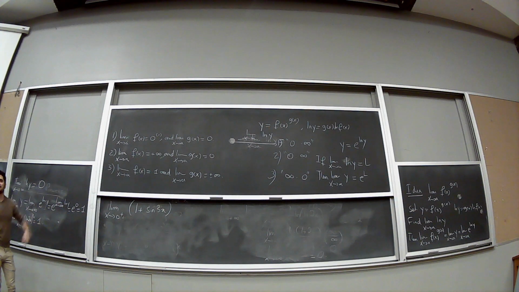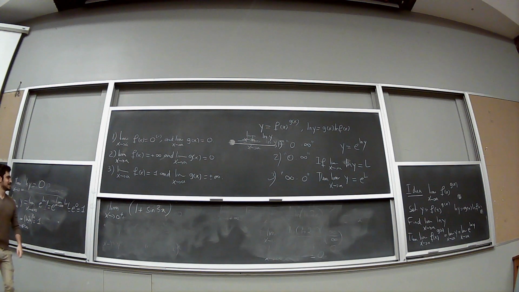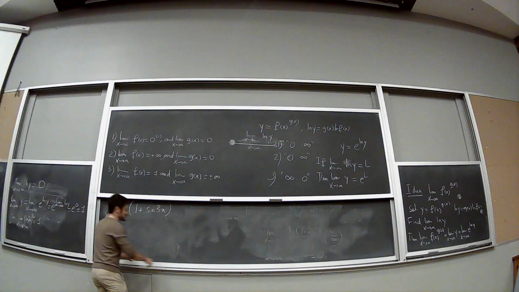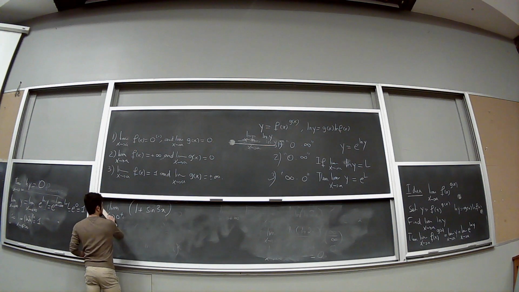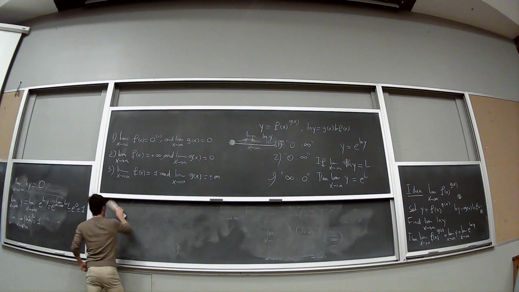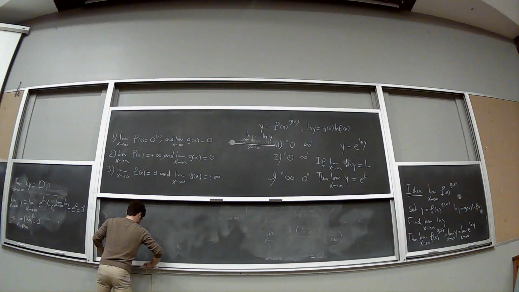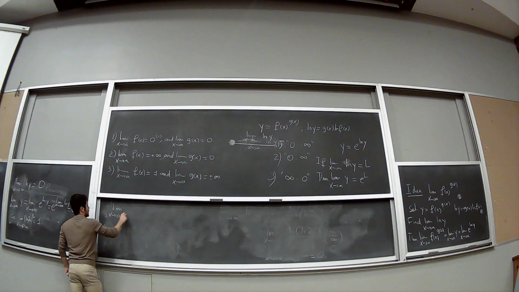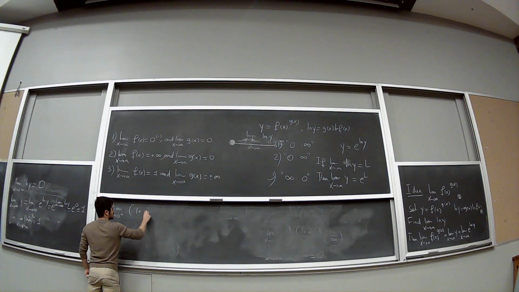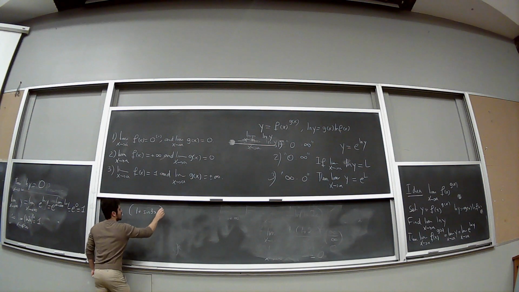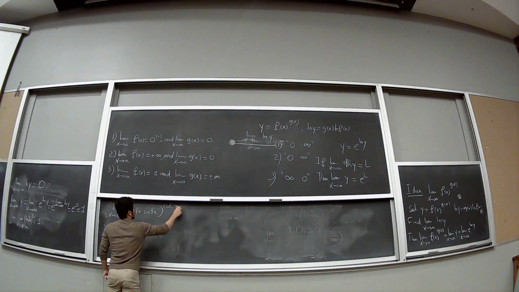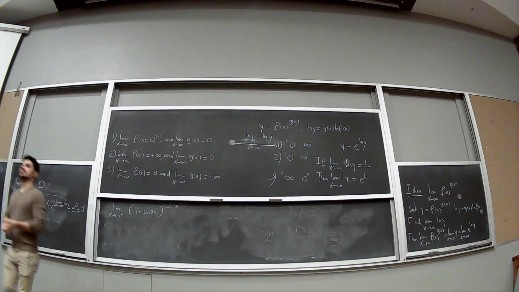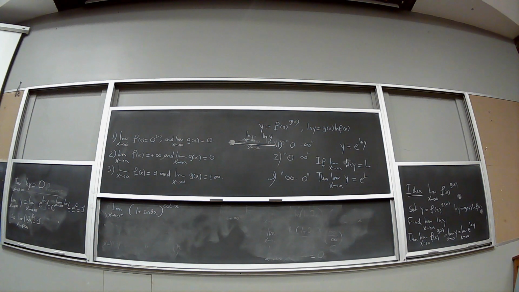Oh man, I think it was fine before. What did I do to mess it up? It's the limit as x goes to 0 plus, what did I have? 1 plus sine 3x to the power cotan x. Okay.